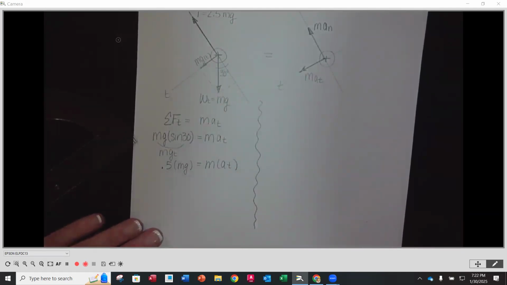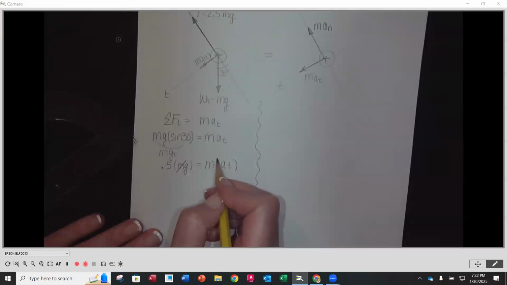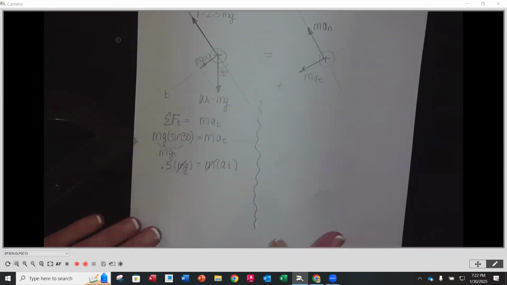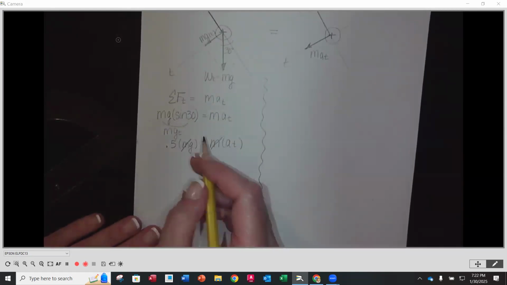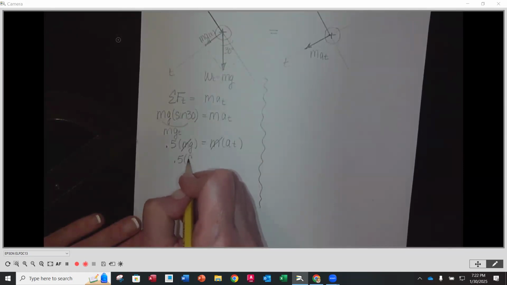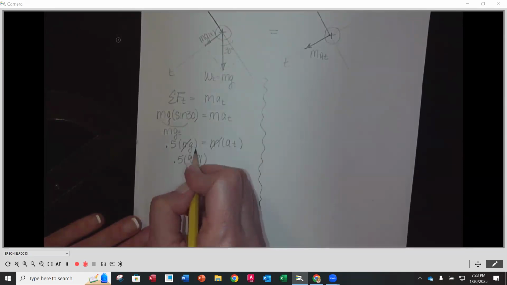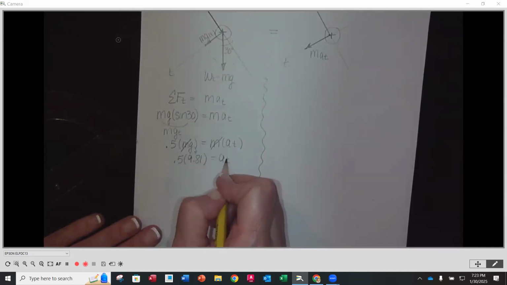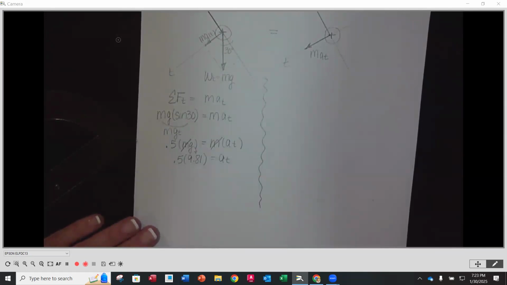As you look on either side here, do you see anything that we can cancel? The mass. The g stays. So we know that g is 9.81. So this is going to be 0.5 times 9.81, because that's the gravity. It's going to be equal to our tangential component of the acceleration.